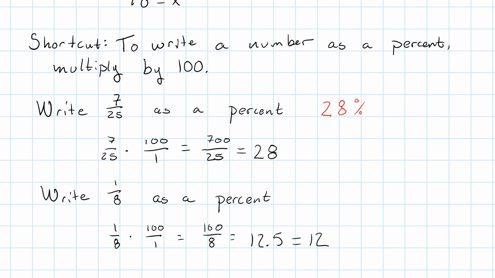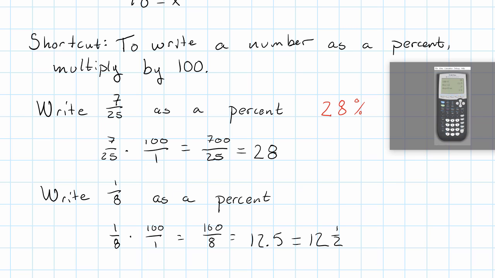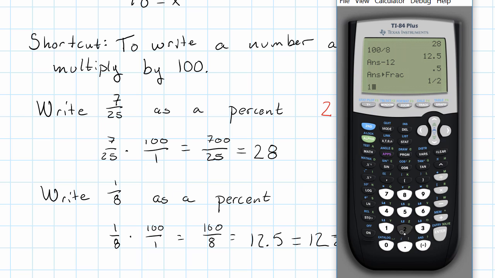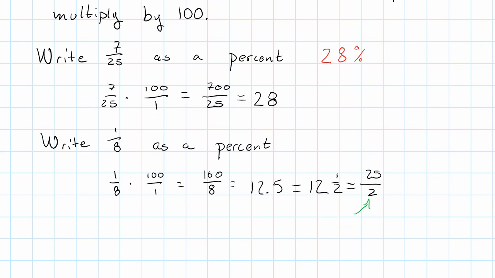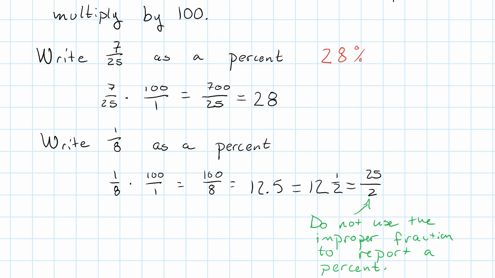But the thing we should not do is convert that back to a fraction. Right? So this is equal to 25/2. But we do not like to give percents as improper fractions. Do not use the improper fraction to report a percent. You could give this answer as 12.5%.